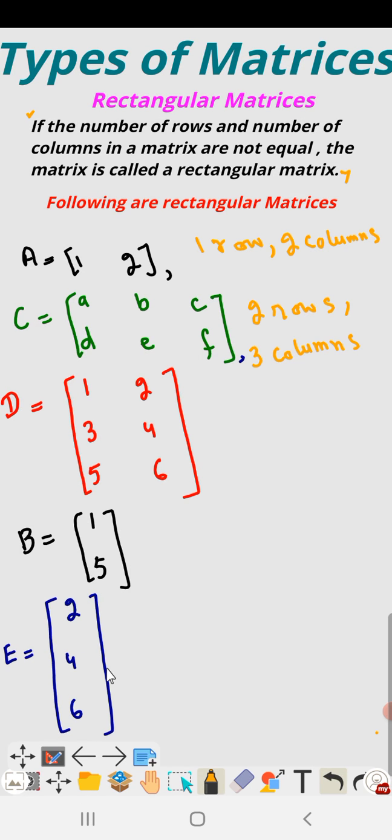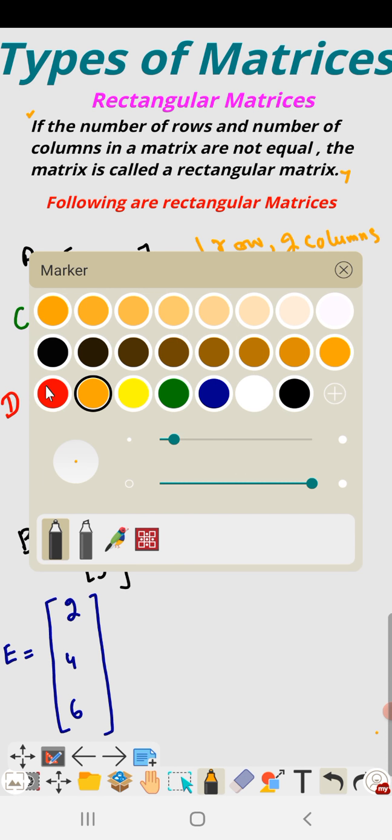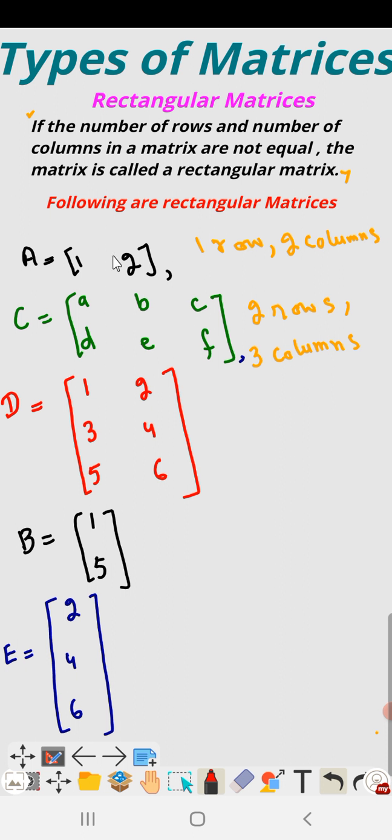Now we see matrix D. We see that there are three rows in matrix D and two columns in matrix D. This is row 1, this is row 2, and this is row 3. This is column 1 and this is column 2.